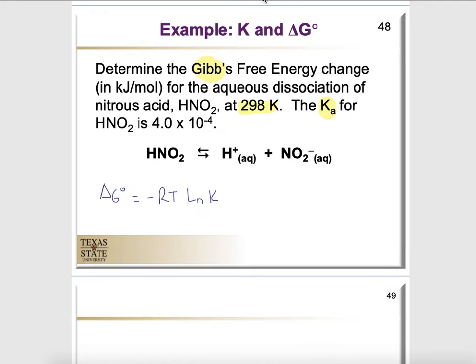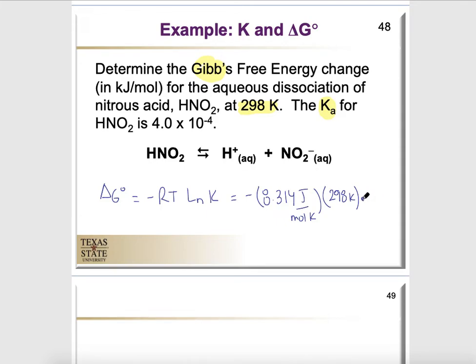So here I'm going to have delta G0 equal to negative R, which is 8.314 joules per mole Kelvin, times the temperature, which is 298 Kelvin, times the natural log of K, where I have run out of space, so I'm going to move my ln.